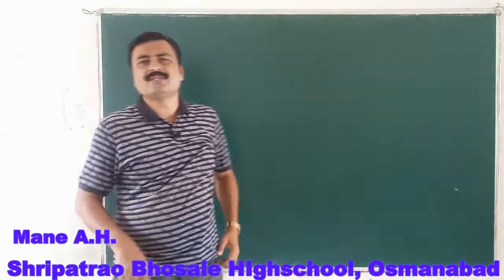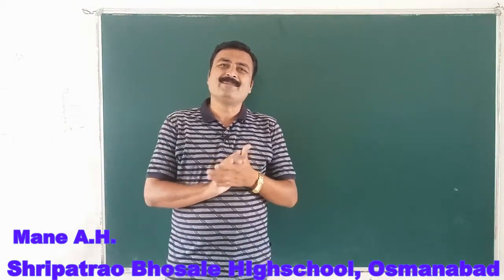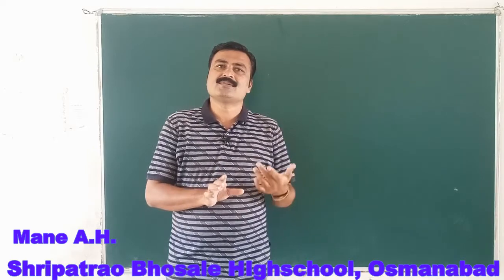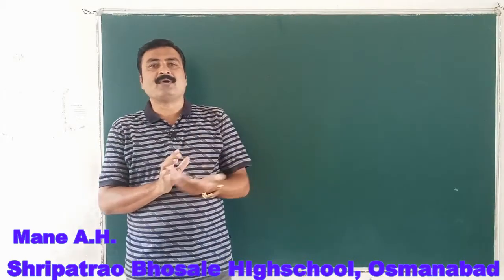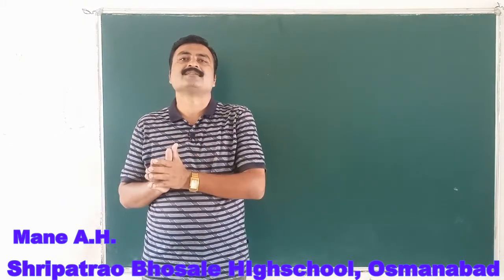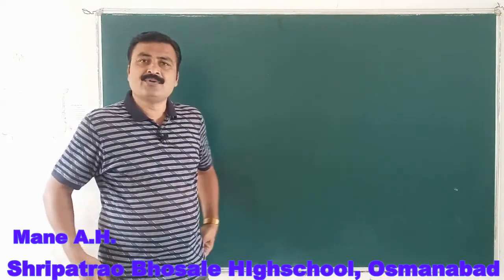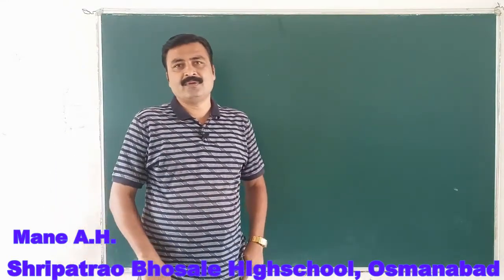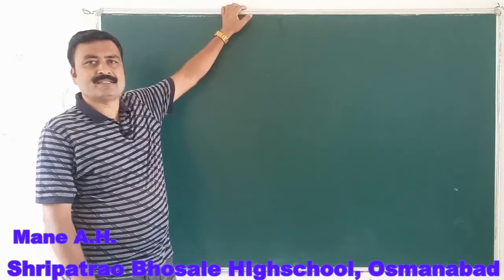These rules are very important for us, and they are basically about how to decide the sign of the main answer. So you should observe all these 4 videos clearly and understand all this information.